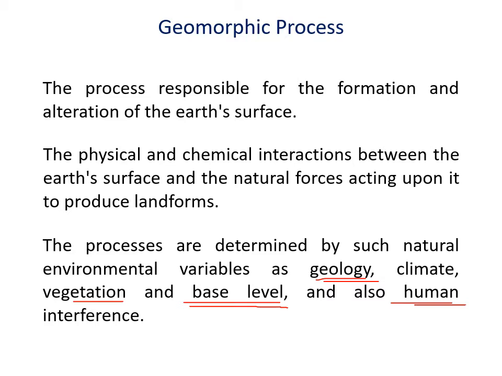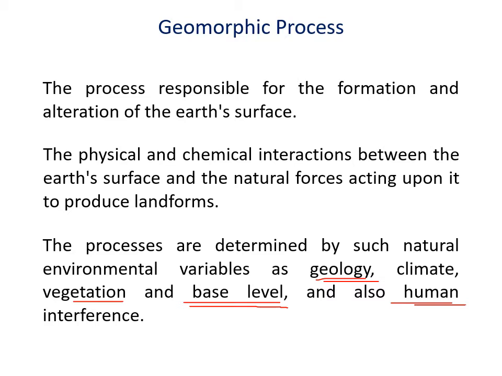Suppose you take the example of river Ganges. The same river Ganges is flowing in the Himalayan terrains, as well as in the Sundarban areas, but in those areas, because of different topographical variables, and those topographical variables are due to different tectonic setup, the climate, rock types, and human interference are also changing.